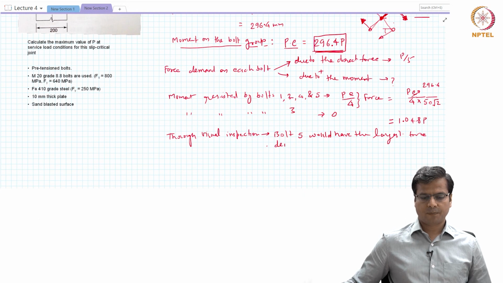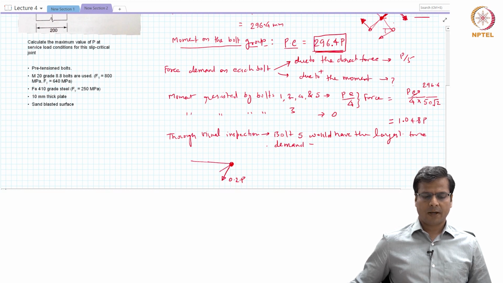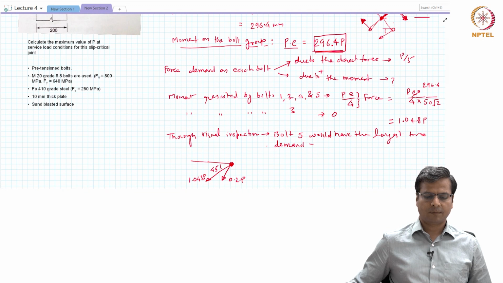How much force demand would that be? There is a force of 0.2 P, which is acting at 60 degrees from horizontal, and there is a force of 1.048 P acting at 45 degrees from horizontal.